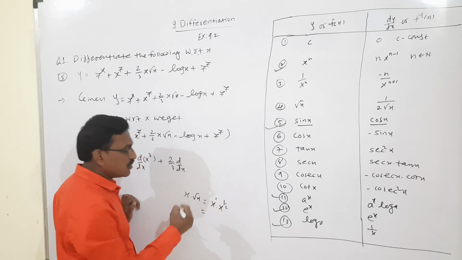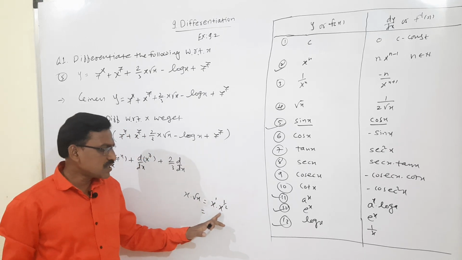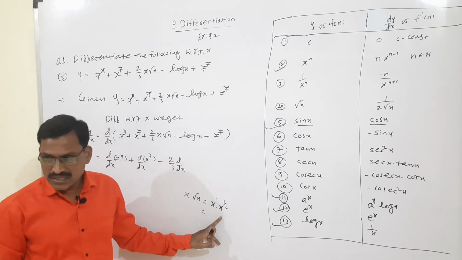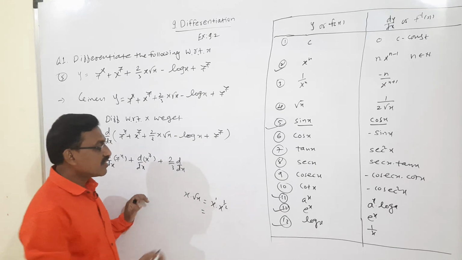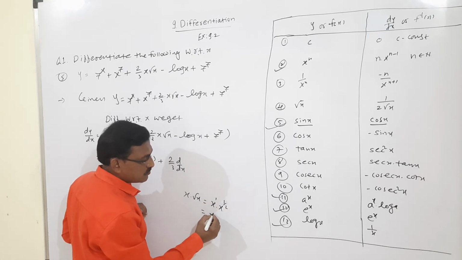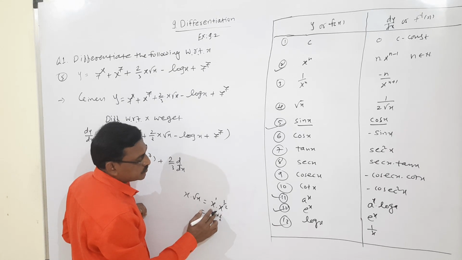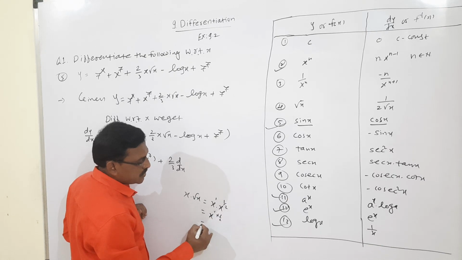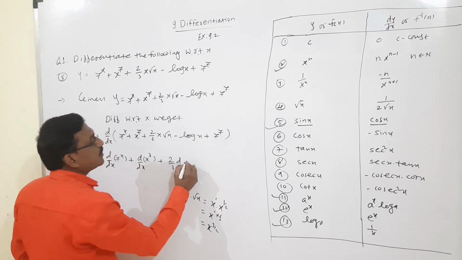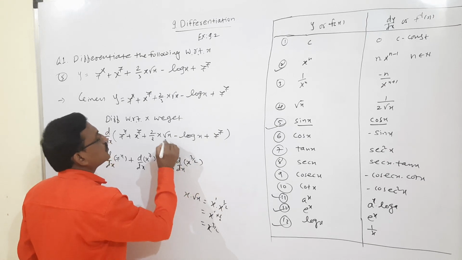So in the product, whenever the bases are same, we add the powers. Here the base x is the same, so add the powers: 1 plus 1 by 2, so 2 ones are 2, 2 plus 1 is 3, 3 by 2. So it is x to the power 3 by 2. So we write here x to the power 3 by 2 for these both functions.